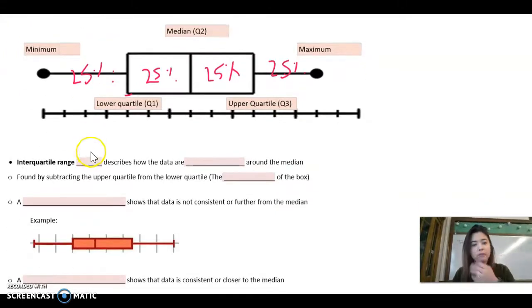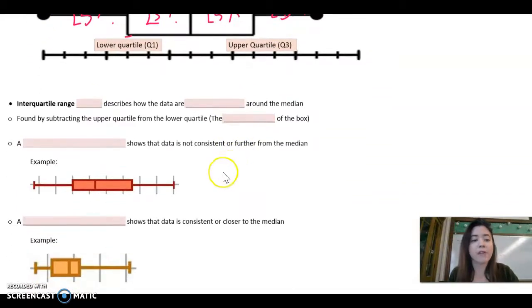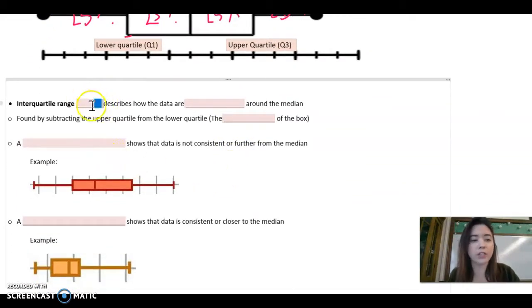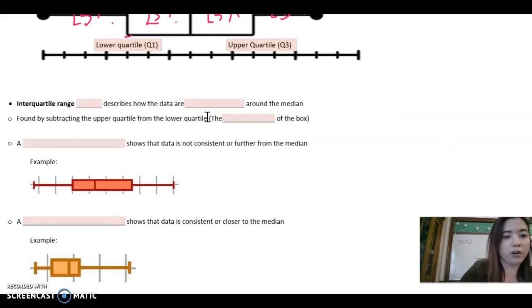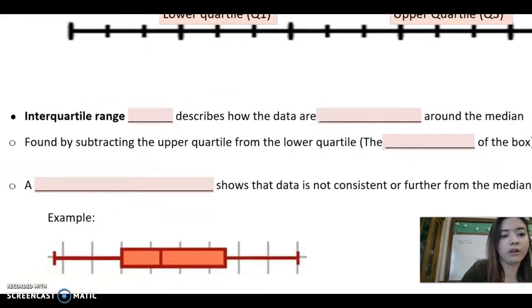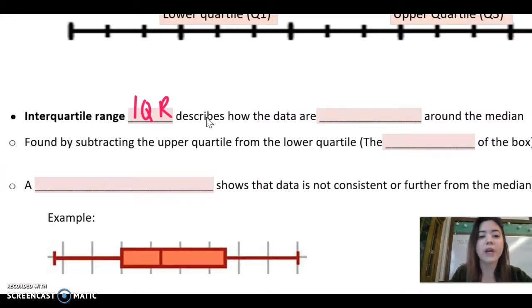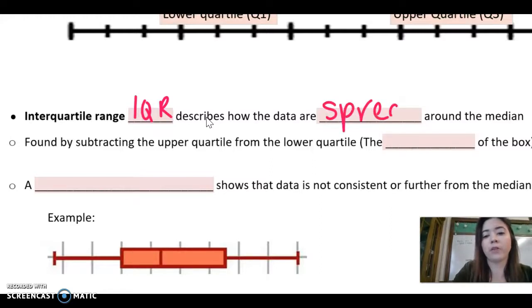Now, with those 5 numbers, we can figure out percentages. The last two things we'll talk about are, first, the interquartile range, the IQR, which describes how the data are spread around the median.